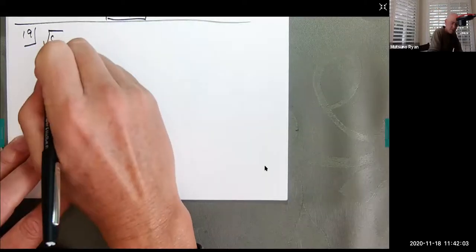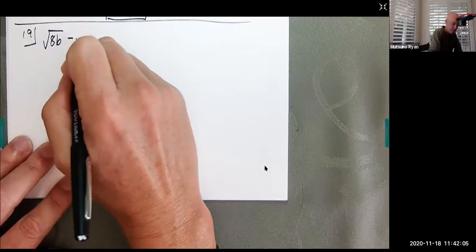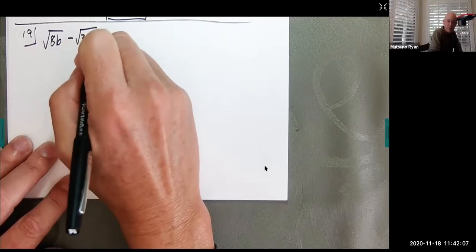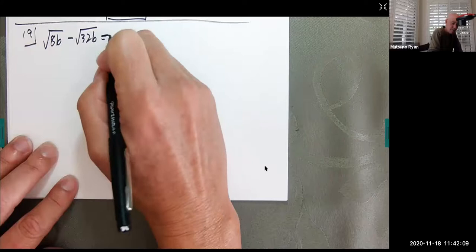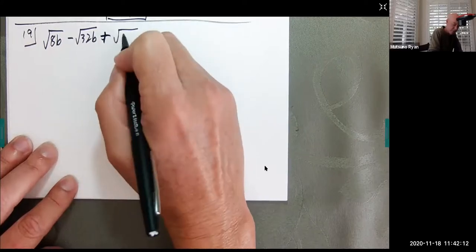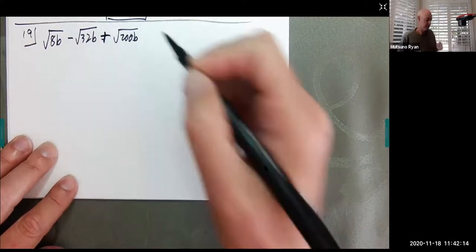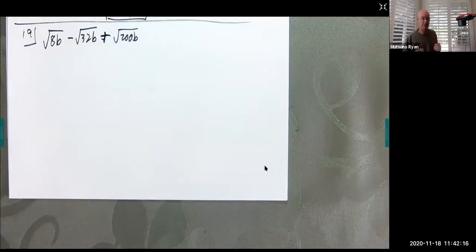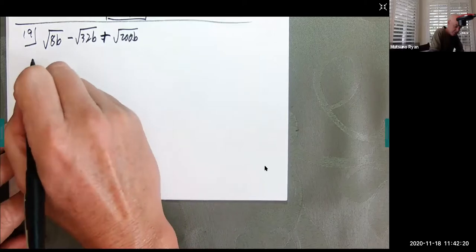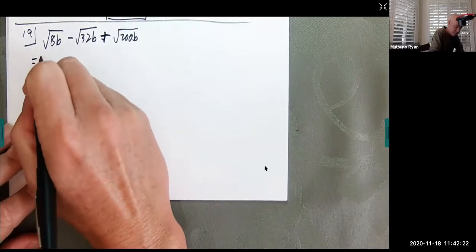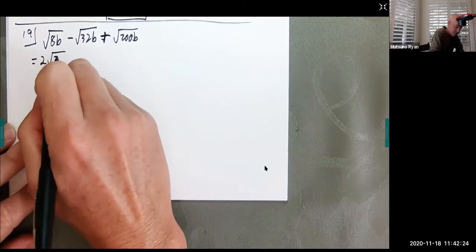Root 8b minus root 32b plus root 200b. What I'm going to need to do is simplify each of these, and if they are like terms, I can combine them up. This is 4 times 2, which becomes 2 root 2b.